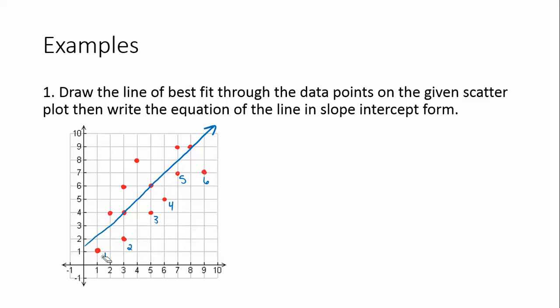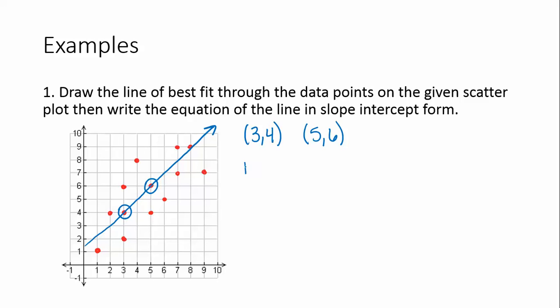So now we want to write the equation of this line. Remember, when you write an equation, you need the slope and you need the y-intercept. So the first thing I'm going to do is focus on the 2 points that my line goes through, and I'm going to label those 2 points. The first point is (3, 4), and the second point is (5, 6).